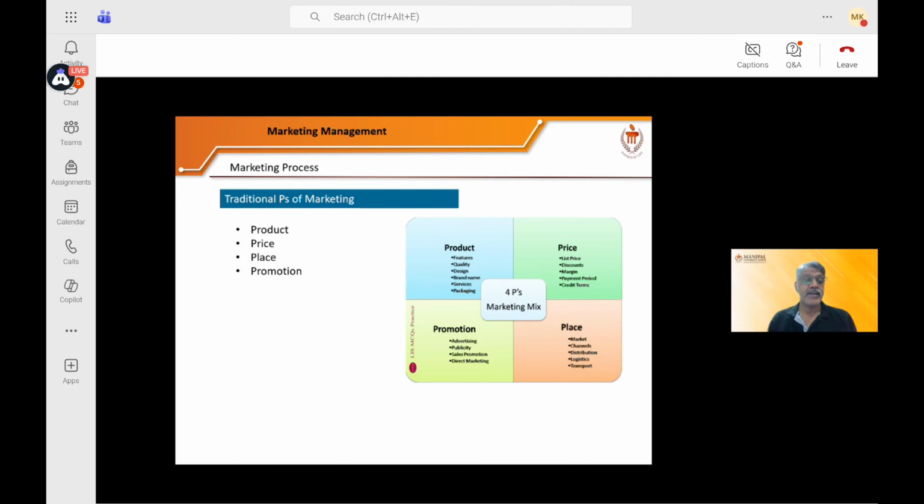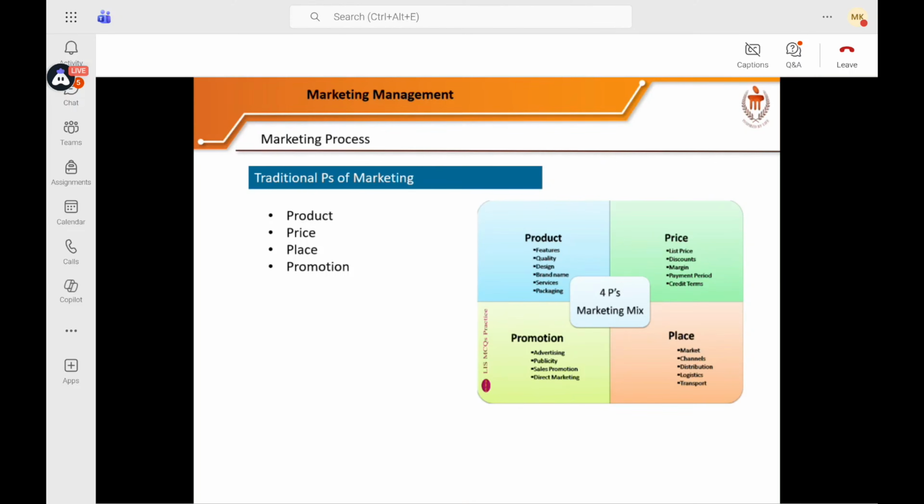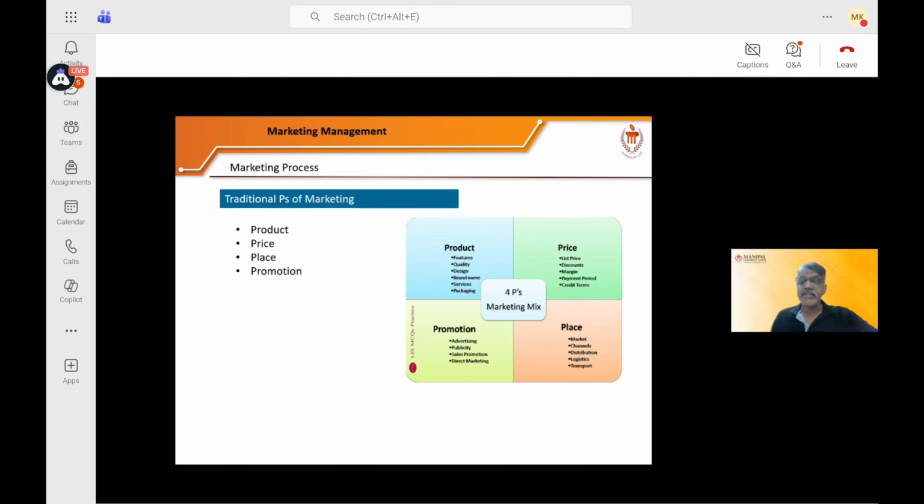I have to complete the unit. No queries in this slide? So what are the 4 P's of marketing? They are product, price, place, and promotion.